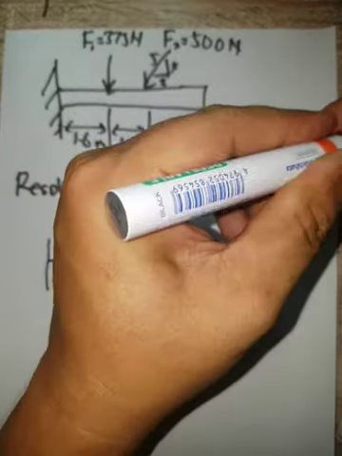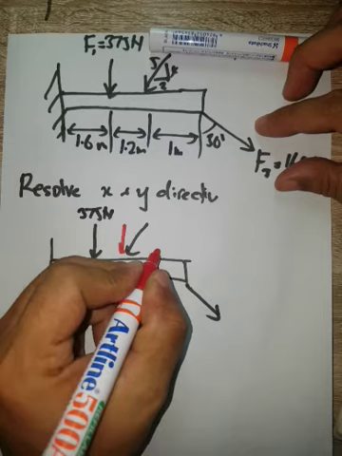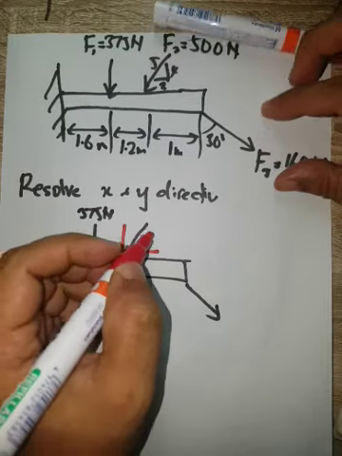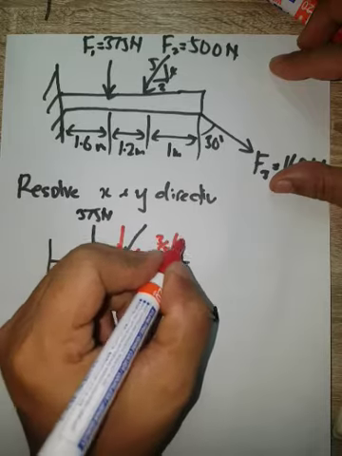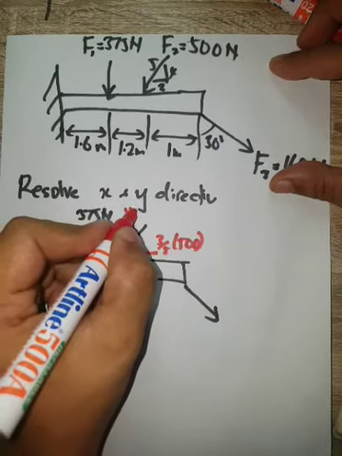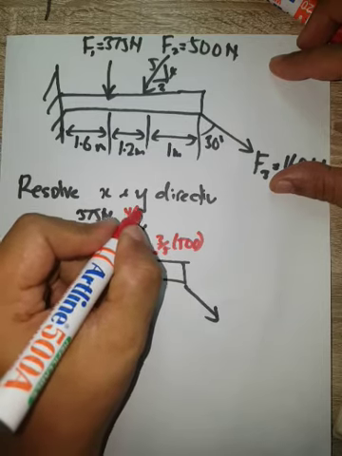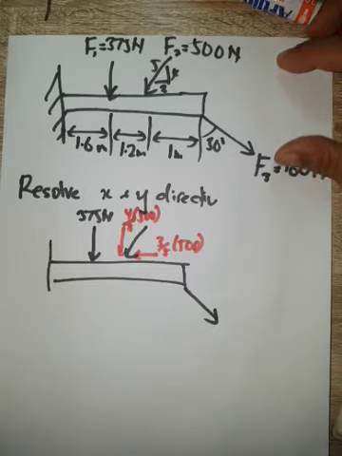The second force we need to resolve into X and Y components, where the X component is 3 over 5 times 500 Newton, and the Y component is 4 over 5 times 500 Newton.